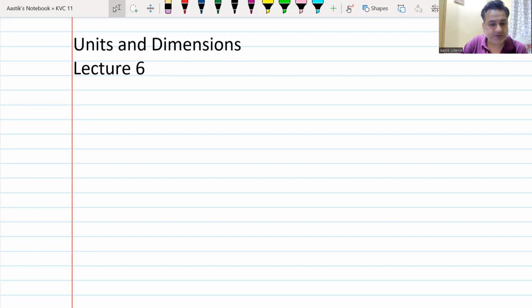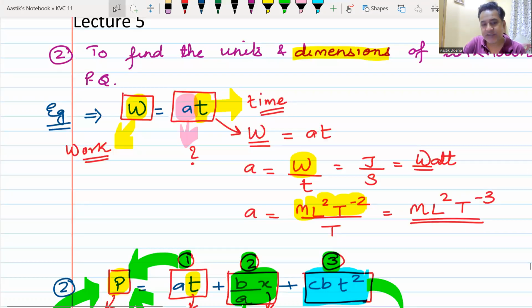Just to give you a recap of what we had done in the previous class, we were discussing the uses or advantages of units and dimensions. We had seen that we can find the dimensions of an unknown physical quantity.